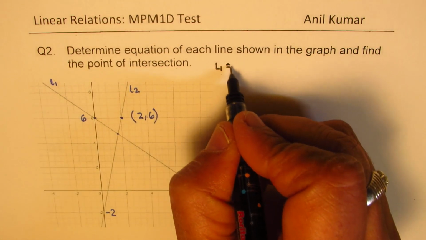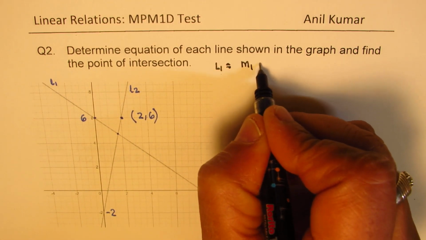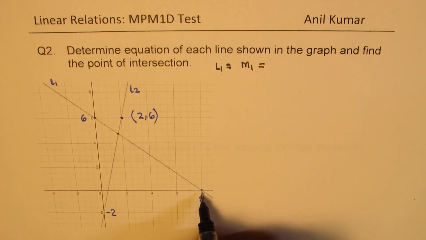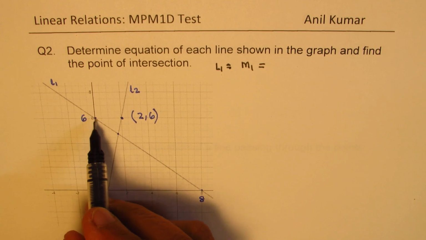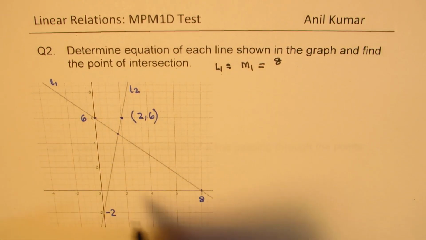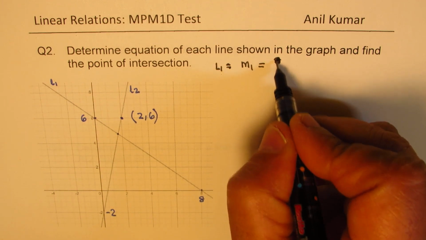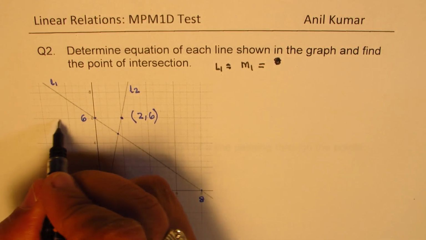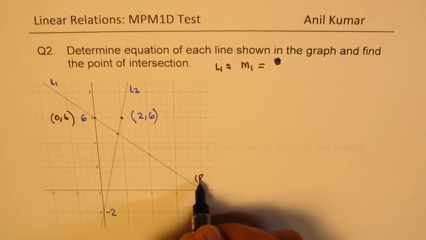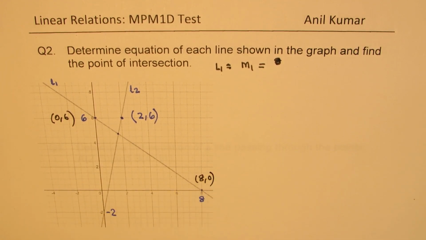We have slope m1 equals y2 minus y1. It is better to write this point like this: 0, 6, right? And this point will be 8, 0, right?